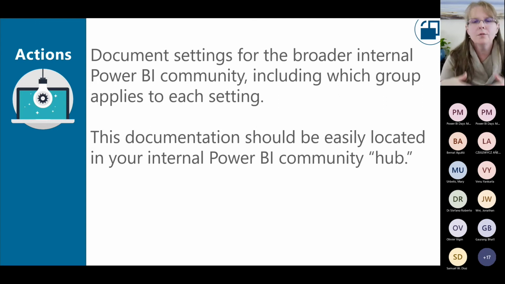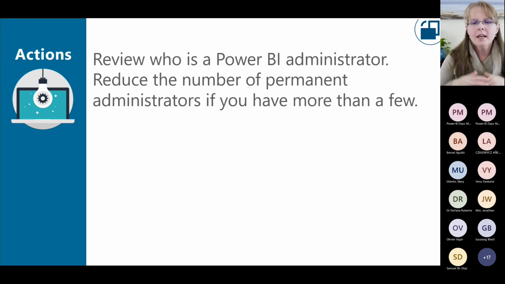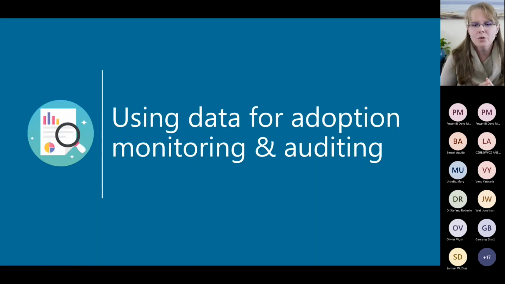And they can figure out if that's something they can accomplish or not. And then if you've got a whole bunch of Power BI administrators, that's a lot of risk. You want to have 2 to 4 if possible, just to fundamentally reduce risk.